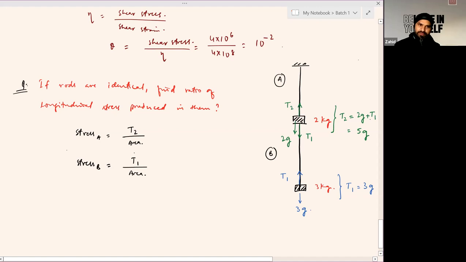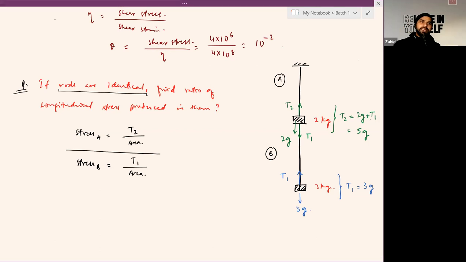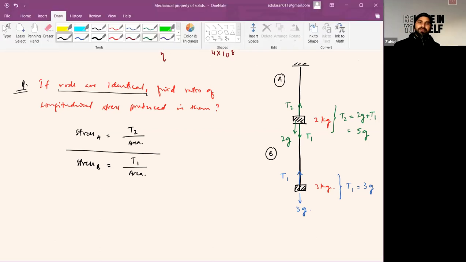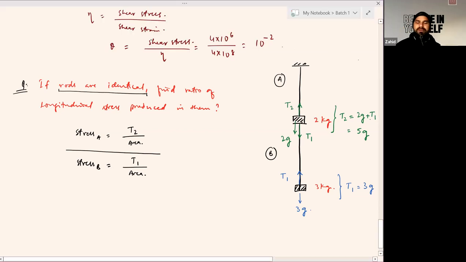Now, if you divide these two terms to take the ratio, since the rods are identical, the length of each rod will be equal and area of cross section as well. So area and area will cancel out, put the values of T1 and T2 and simplify it. Try to solve.